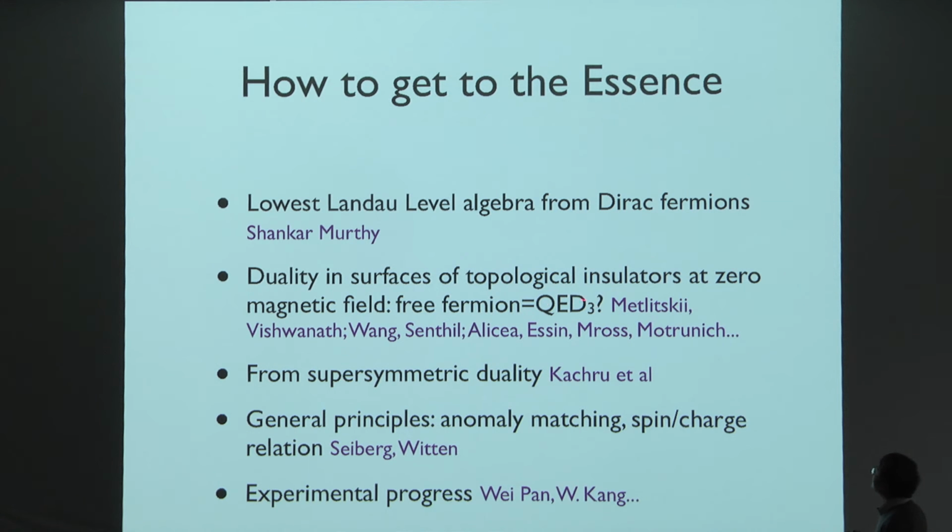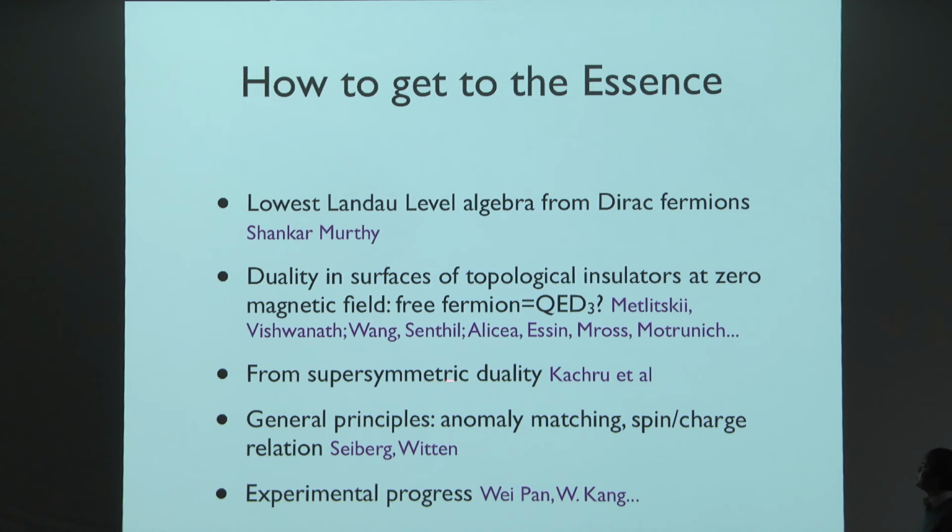The idea here is that QED3 in some version may be equivalent to the theory of free fermions. The free fermion would be a theory of the original electrons, and QED3 would correspond to the theory of the composite fermions.